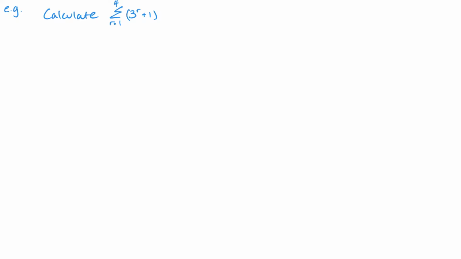And here's a perfect example of that. So substituting in our values, we get 3 to the power 1 plus 1 is 4. 3 squared is 9, plus 1 is 10. 3 cubed is 27, plus 1 is 28. And 3 to the power 4 is 81, plus 1 is 82.